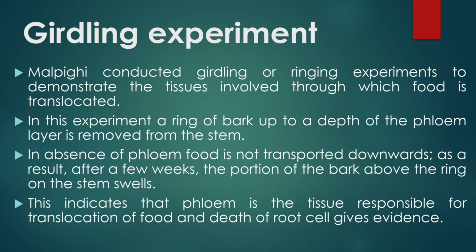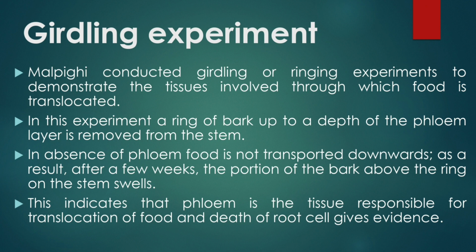In absence of the phloem, food is not transported downwards. As a result, after a few weeks, a portion of bark above the ring of the stem swells. This indicates that phloem is the tissue which is responsible for translocation of food.